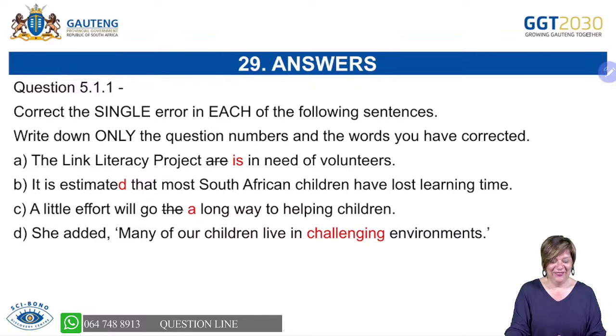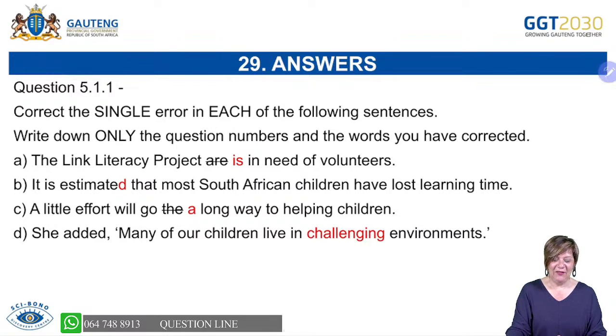Let's run through them. So, in the first one, we had the subject verb, or what we call concord. The Link Literacy Project is singular, so it needs its verb in singular. So we can't use are, we need to have is. It is estimate, obviously it must be estimated, spelling. Or, you can see there's a tense mistake. A little effort will go a long way.